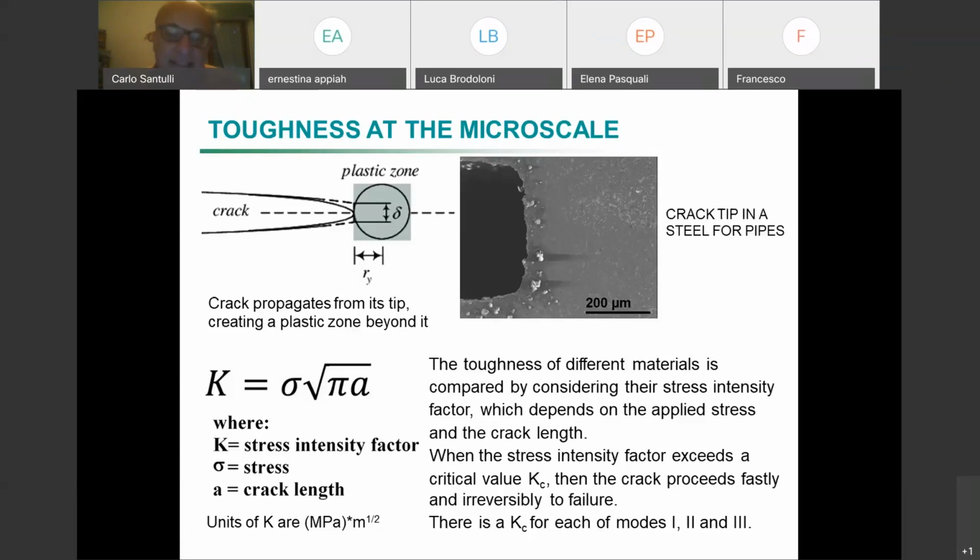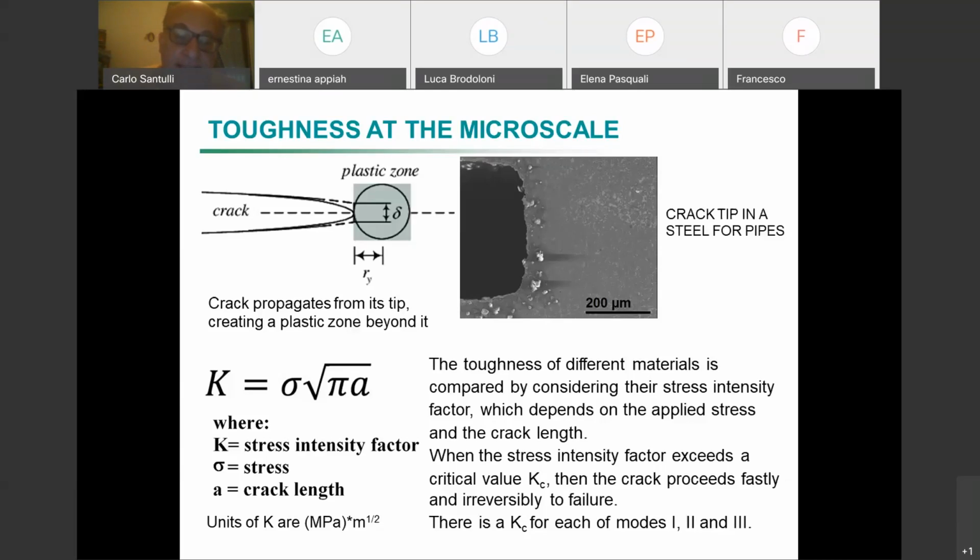The stress intensity factor is related to the stress and the length of the crack. And so the units of K are megapascal per meter elevated to 1/2, because a is under the square root. So a is the crack length.